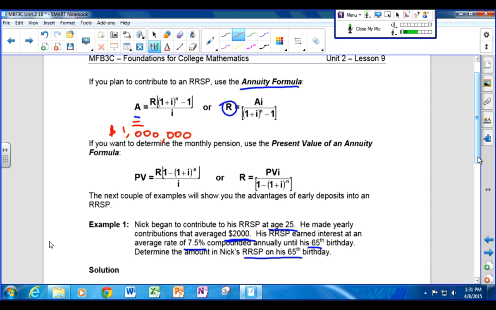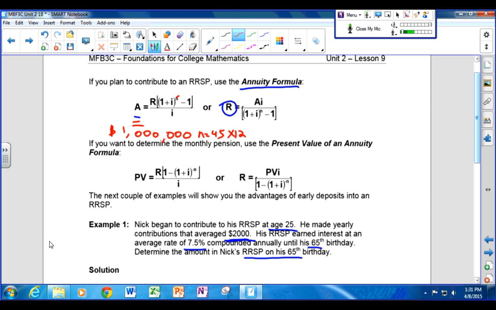Your N is going to be the number of years. Let's say you get your first job and you're 20 years old. So how many years until you're 65? Well, 65 minus 20, that's 45 years to save. Let's say that you're going to compound monthly, so that's 12.